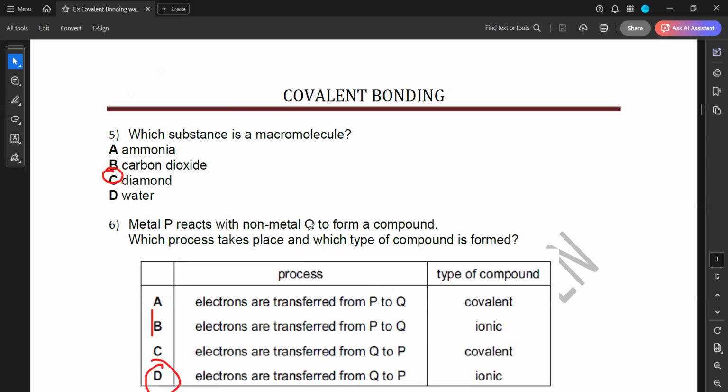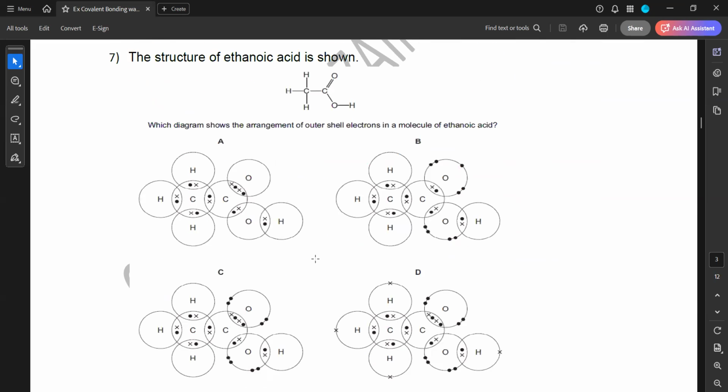P reacts with the non-metal Q. Yes, it should be B, not D. Because metal P is there, the electron always transfers from metal to non-metal. And when electron transfer takes place, for question 6, B is the right answer. By mistake, I marked D, but B is the right answer. Question 7, any doubts? The correct answer for question 7 is C.